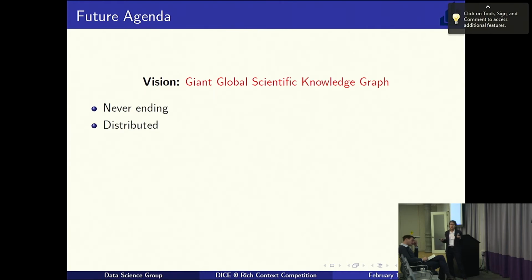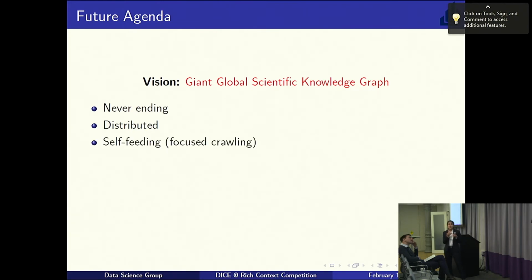Next, it should be distributed. So having a centralized data center for it, data store for it would be just impractical, and hence it makes sense to have a distributed way of storage of the knowledge graph.